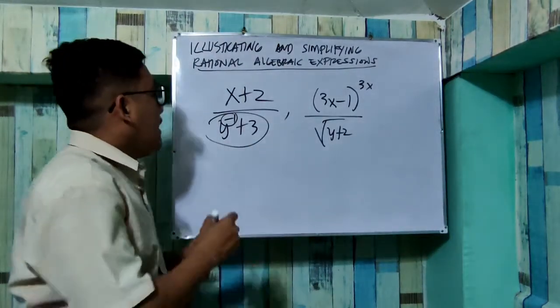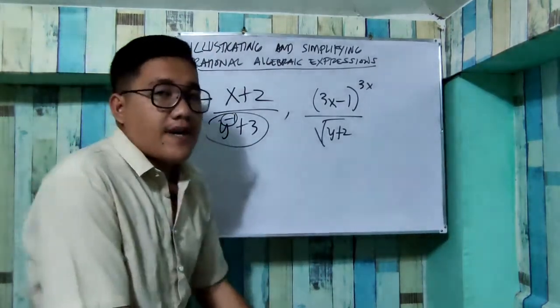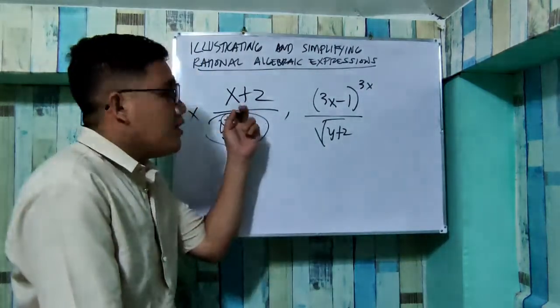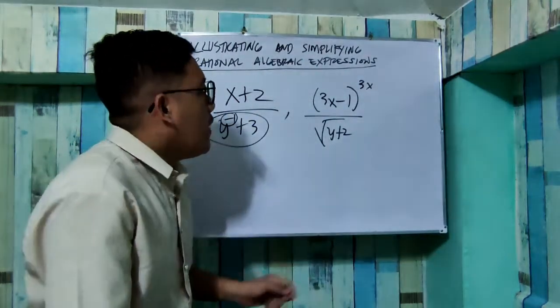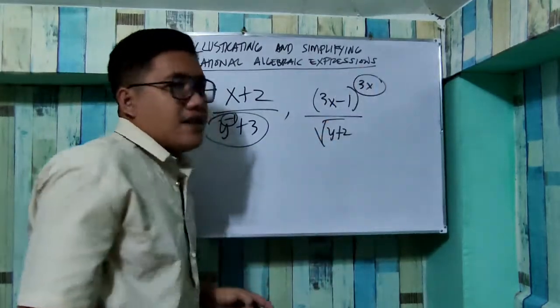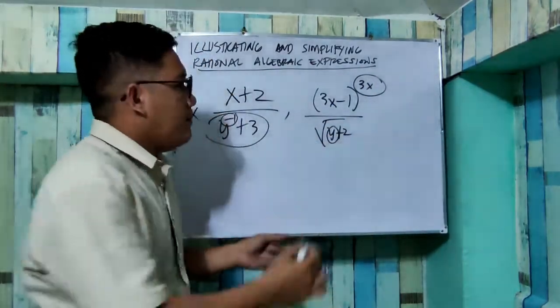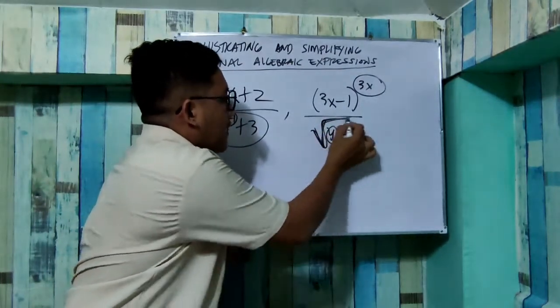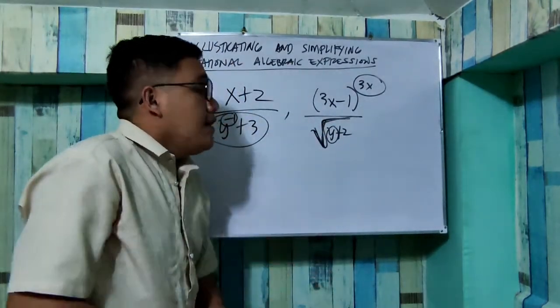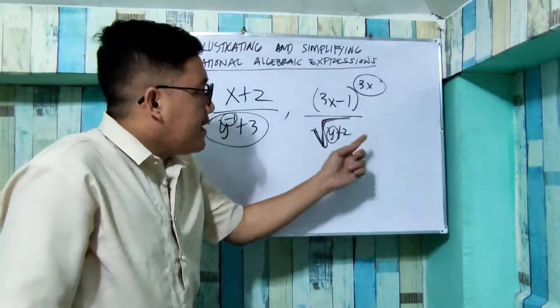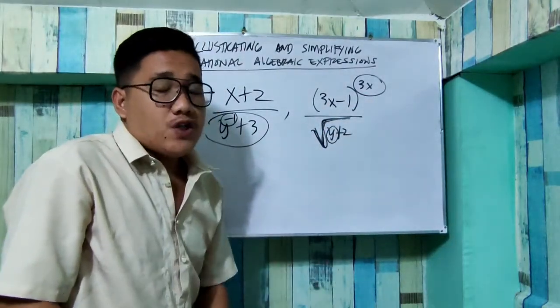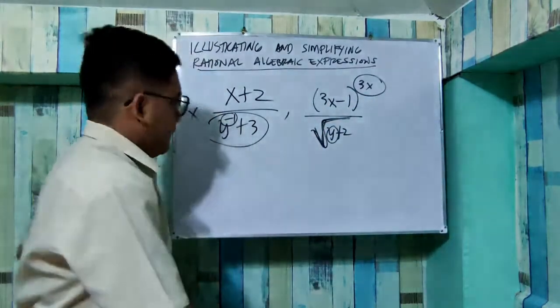So, meaning to say, this is not a rational algebraic expression kasi dapat polynomial. This one, ang exponent niya ay containing variable at meron variable sa loob ng radical sign. Itong radical sign natin, meaning to say, this is a non-polynomial, this is not a rational algebraic expression.